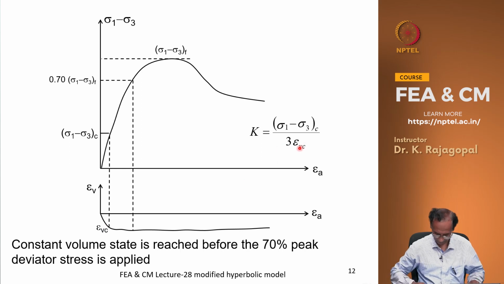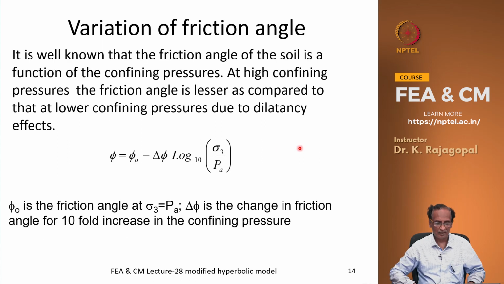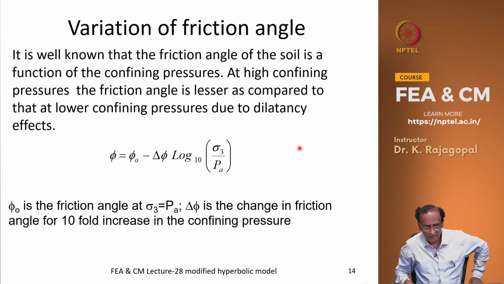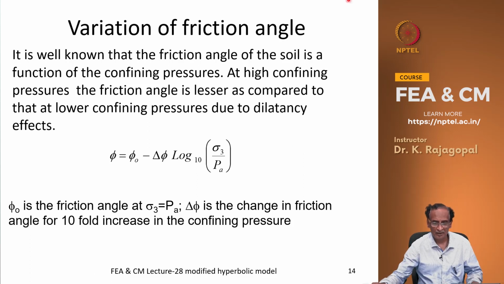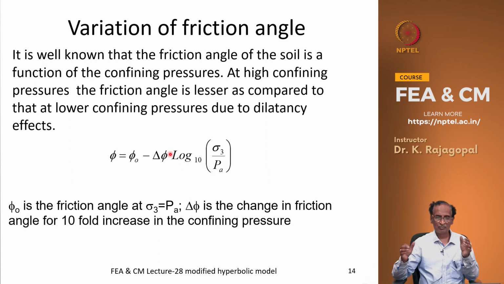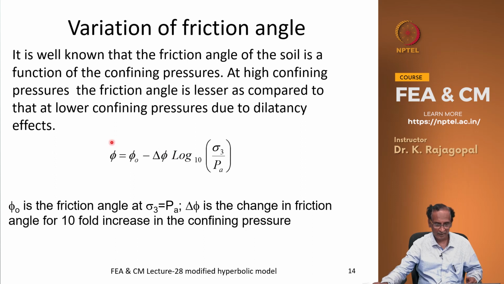We can also relate the variation of the friction angle with respect to the confining pressure through this relation: phi is phi naught minus delta phi log of sigma 3 by Pa to the base 10. Basically, at higher confining pressures our shear strength will reduce, and that is expressed by this equation. As your sigma 3 increases, your phi will reduce.